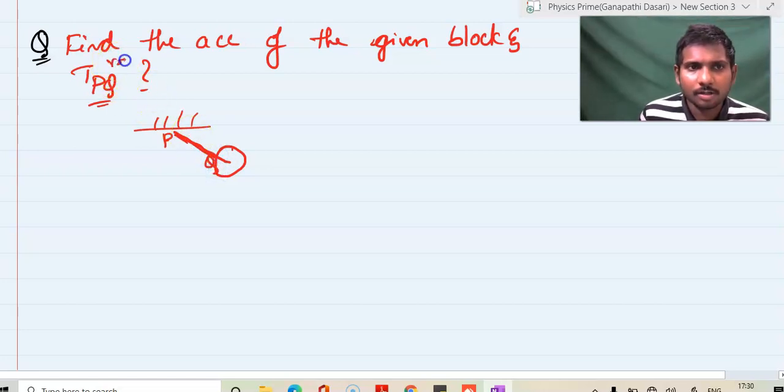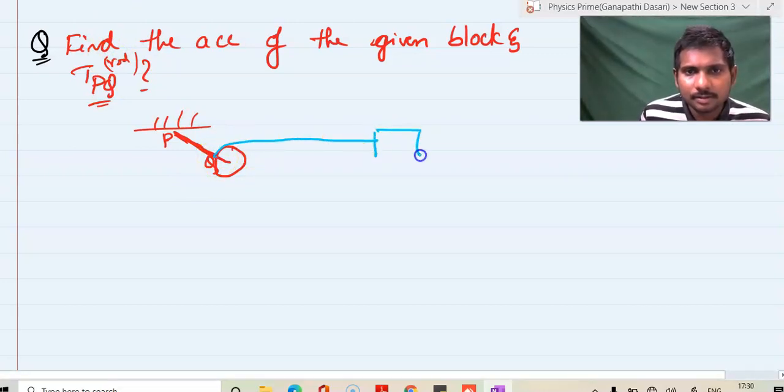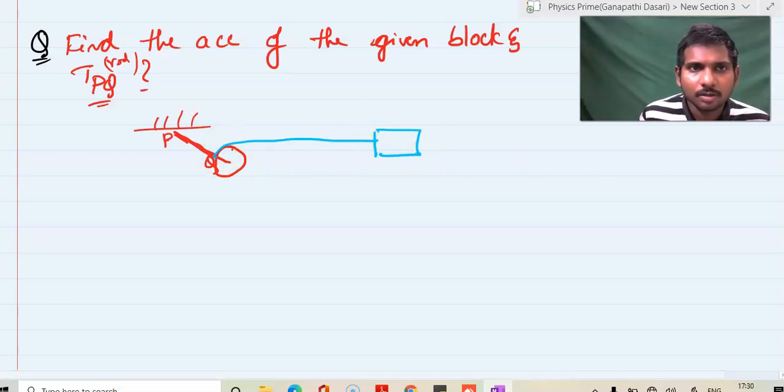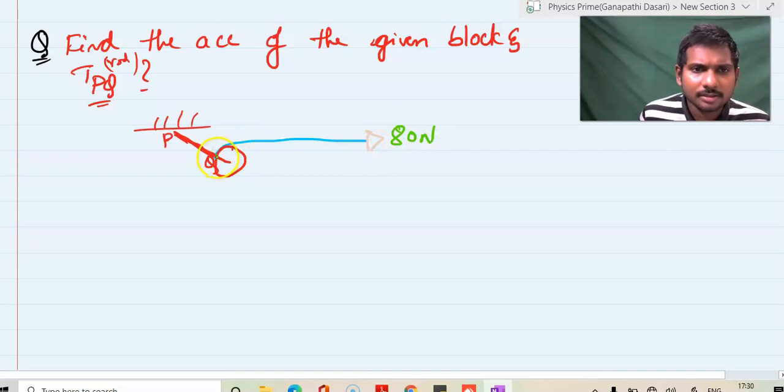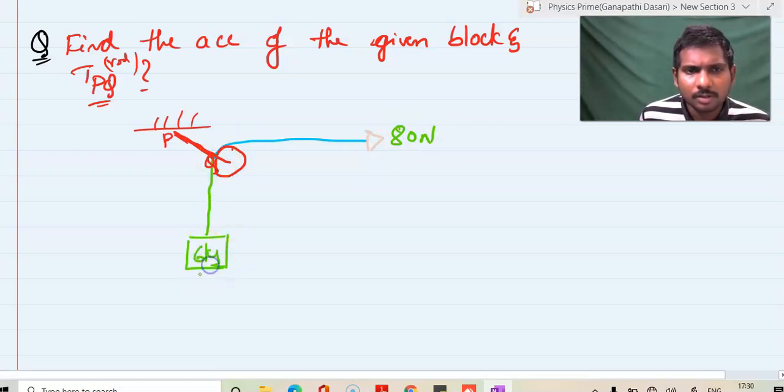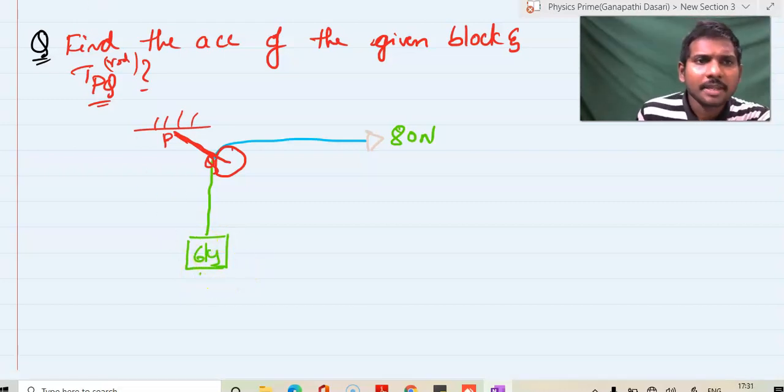PQ rod is there. The block is pulled with 80 newtons here. 6 kg block.